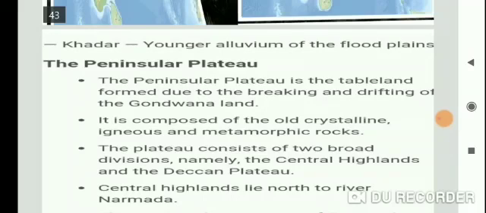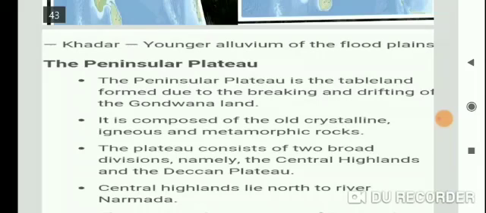The plateau consists of two broad divisions, namely the Central Highland and the Deccan Plateau. The Central Highland is the part lying north of the Narmada river, which covers most of the Malwa Plateau. The Vindhyan ranges bound the Central Highland on the south, and the eroded, broken Aravallis on the north and west.